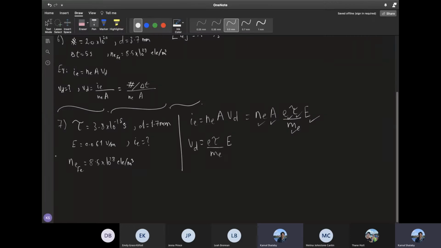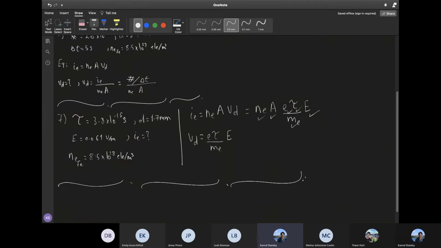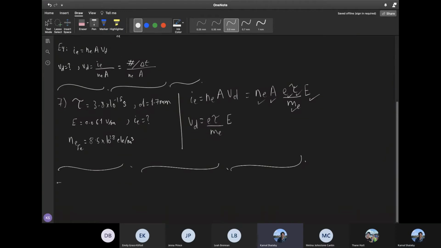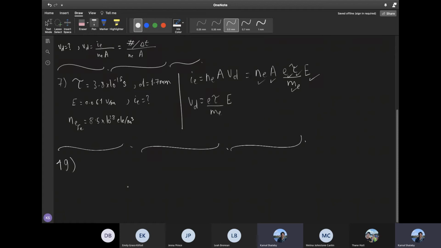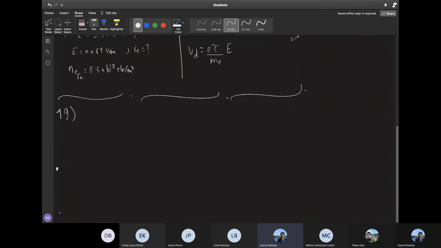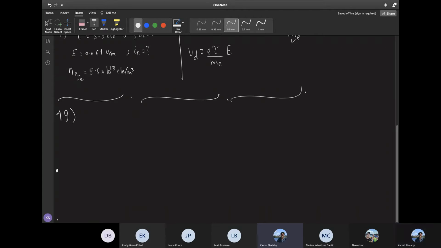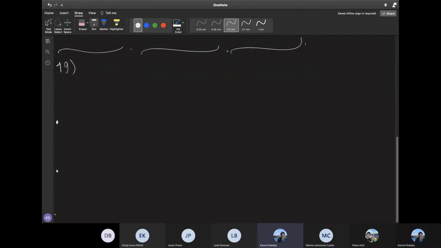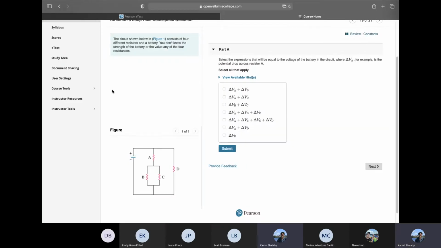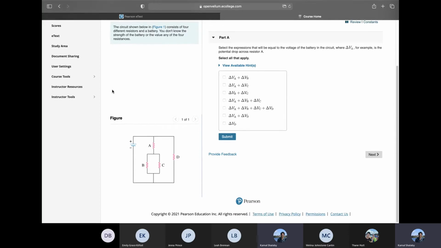Okay, so the circuit shown below in figure 1 consists of 4 different resistors and a battery.